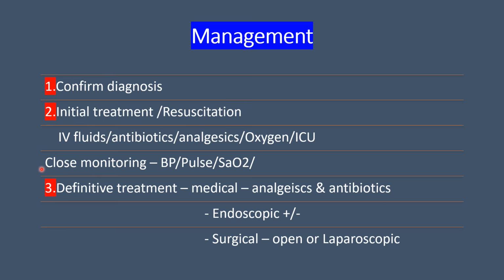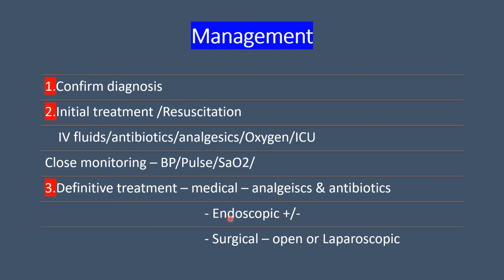When the patient is stabilized with all this initial treatment, then you proceed with the definitive treatment. In this case, first is medical treatment, which consists of analgesics and antibiotics. The antibiotics normally given for gallstone acute cholecystitis will be cephalosporin with or without metronidazole.